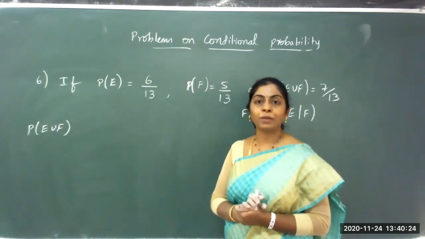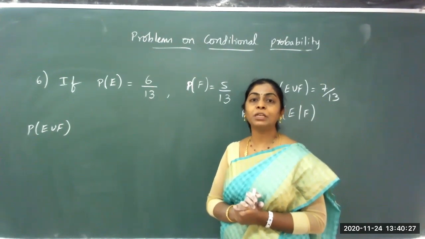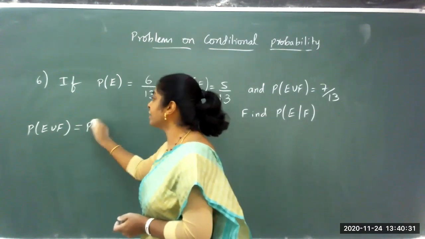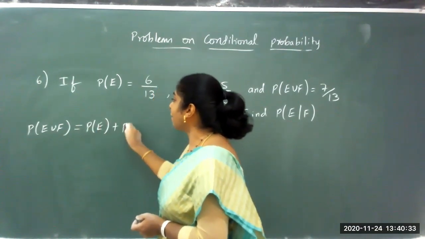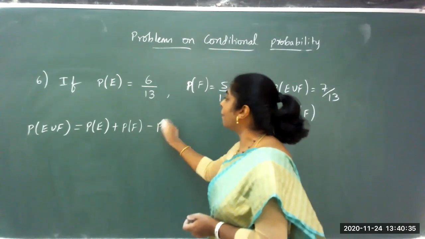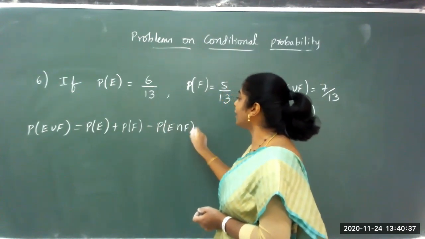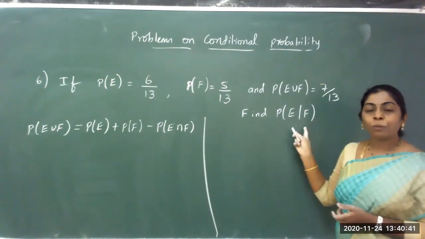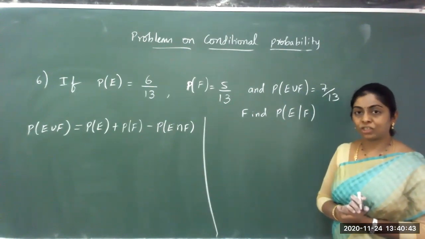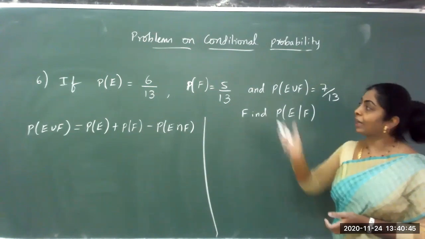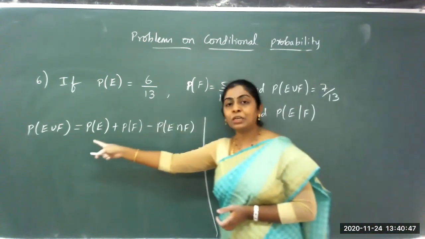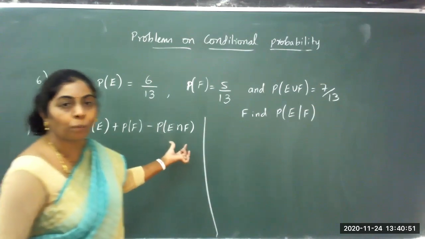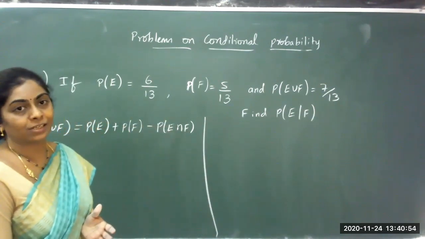Probability of E union F is probability of E plus probability of F minus probability of E intersection F. To find the conditional probability, I need probability of E intersection F, which is not given in the data, so I use this formula to get it.